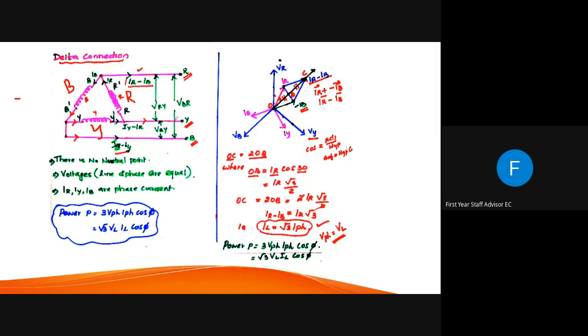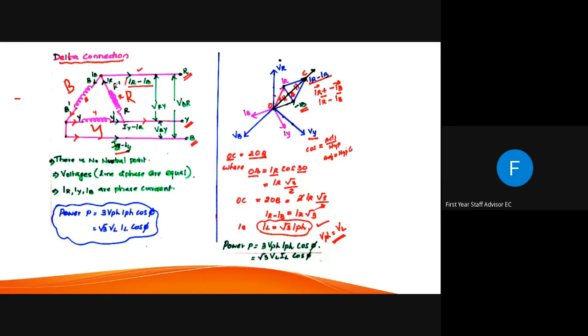So you have to follow the same method. Where the dash of the phase winding is, there you take the phase wire. Since R dash is here, we have written R here; Y dash is here, so we have written Y here; B dash is there, so we have written B here.